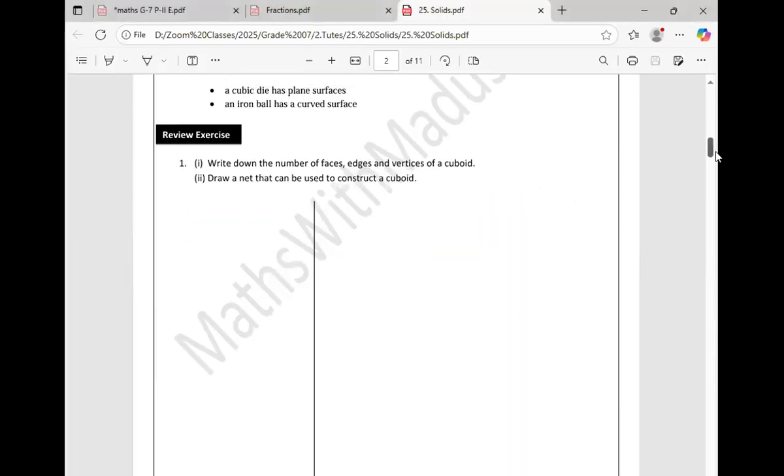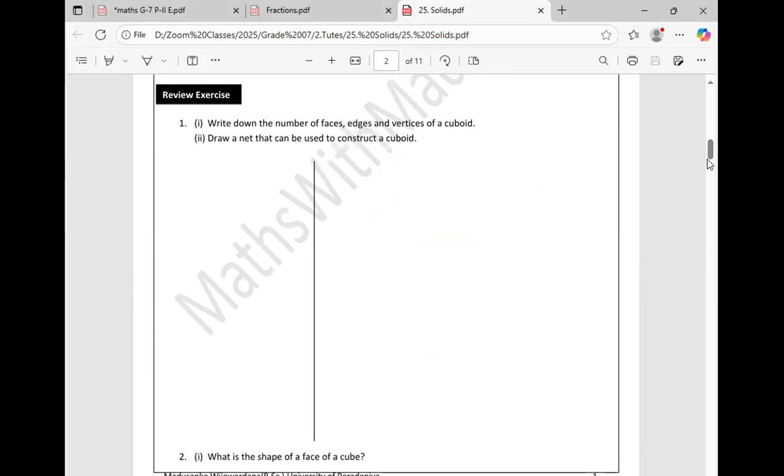So this is the review exercise from your grade 6. By looking at this, write down the number of faces, edges and vertices of a cuboid. Can you remember what a cuboid is? I have told you.